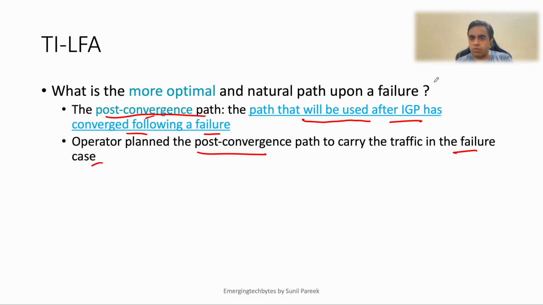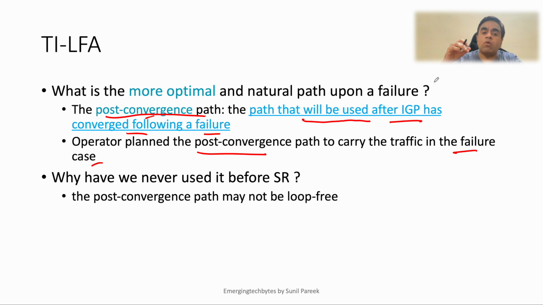So now I raised this question initially as well: why have we never used it before SR? Because, now listen to me very carefully here, giving 100% coverage was not possible without explicit routing.